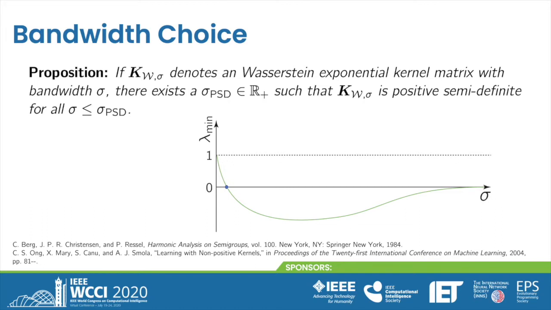By consequence, the biggest eigenvalue will be the dimension of the kernel matrix, and all the others 0, including the smallest one. And if you can also show that the eigenvalues are continuous in function of the bandwidth, then you get that there is a crossing point. And all the values of bandwidth smaller than this crossing point will lead to positive semi-definite kernel matrices.